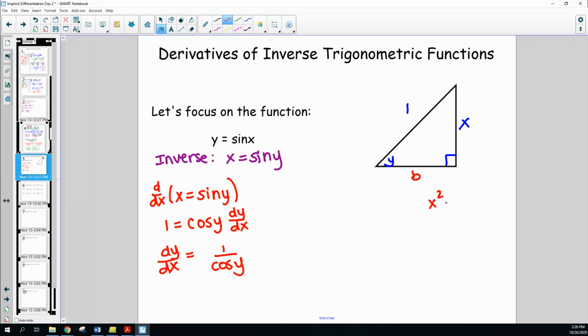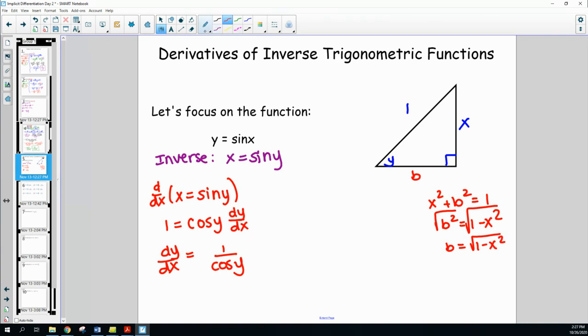One side squared, x squared, plus the other side squared, b squared, is equal to the hypotenuse squared, which is 1. To solve for b squared, I'm going to subtract x squared, so b squared equals 1 minus x squared. Then I take the square root to get b by itself. So b is equal to the square root of 1 minus x squared.